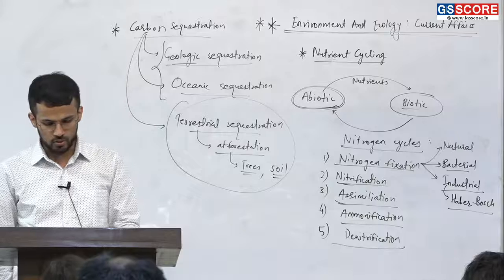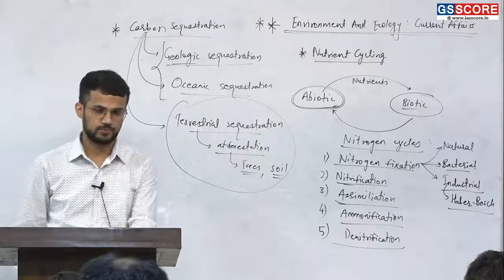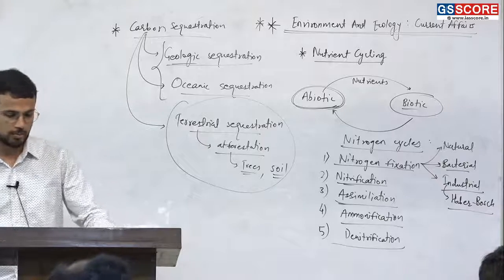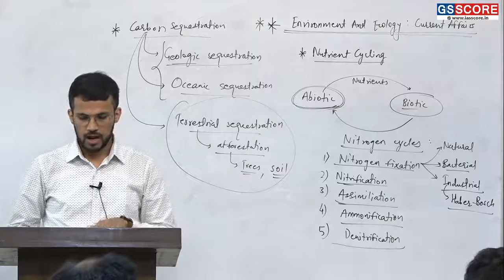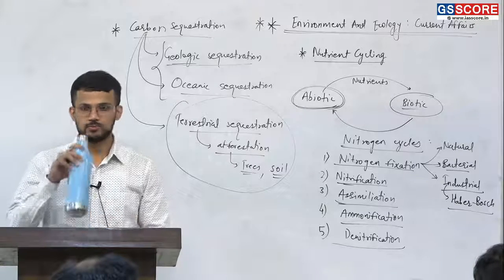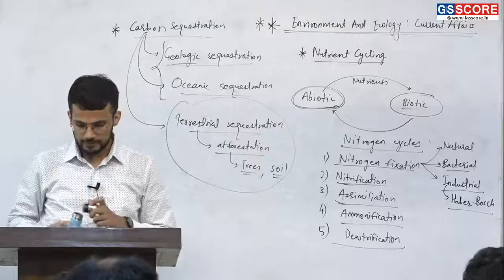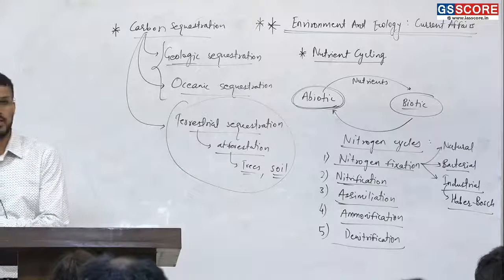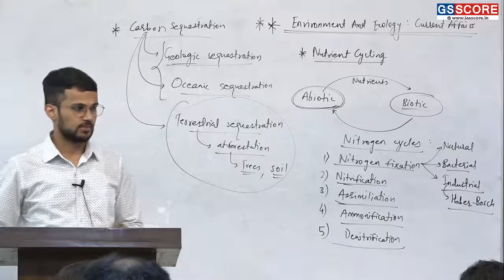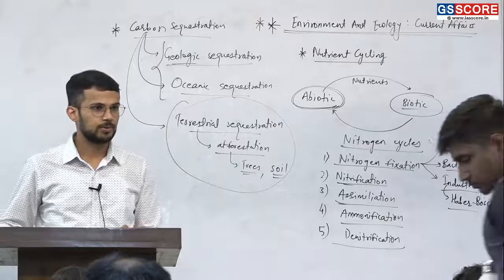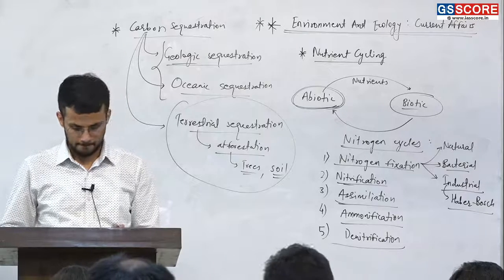So, torrefaction of biomass is a mild form of pyrolysis, at temperature between 200 to 320 degrees Celsius.